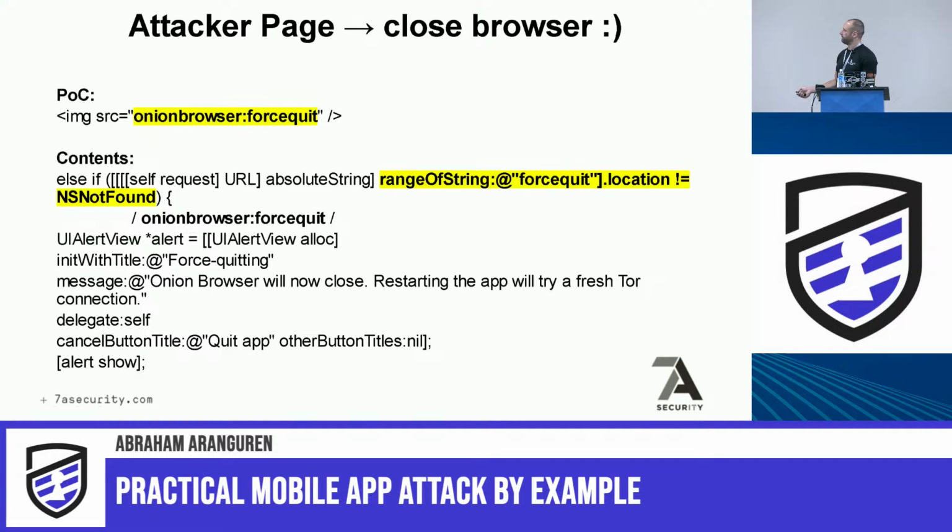So you can have a website that is going to make the application close itself, right? For example, whatever the deep link does, you should be careful that whatever you load in the HTML is not able to access the deep link, right? And then this was the code that allowed this to happen, right?